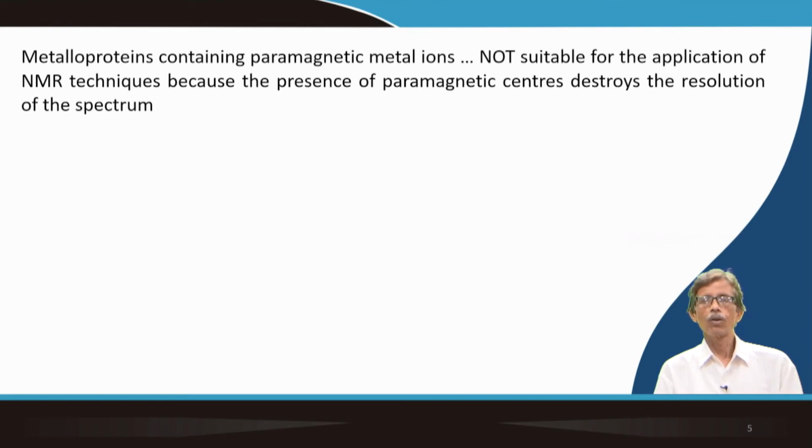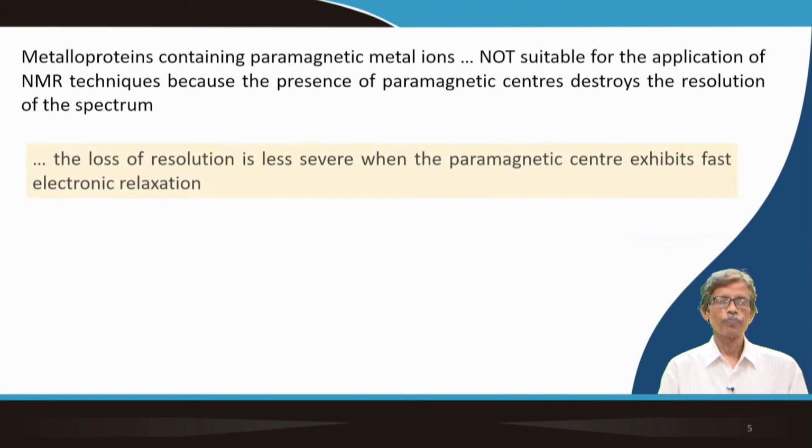That is why these are not suitable for the application of the NMR technique, because the presence of a paramagnetic center destroys the resolution of the spectrum. Not only is it shifted, but it will also damage the type of resolution we expect for a diamagnetic sample or from a pure organic molecule or pure organic type of biomolecule.